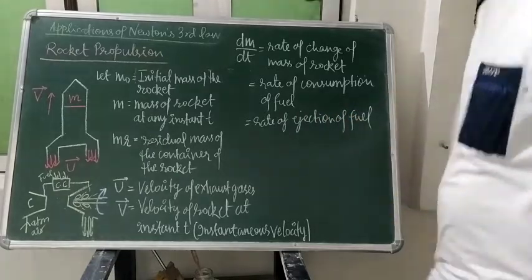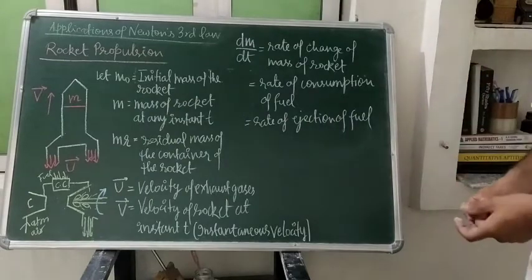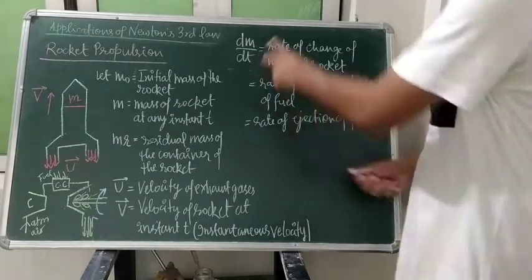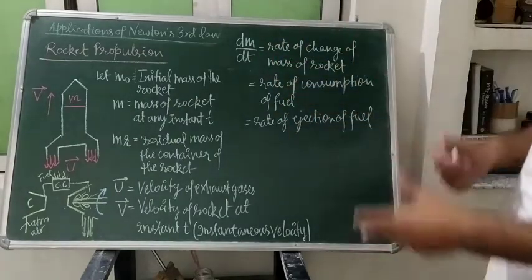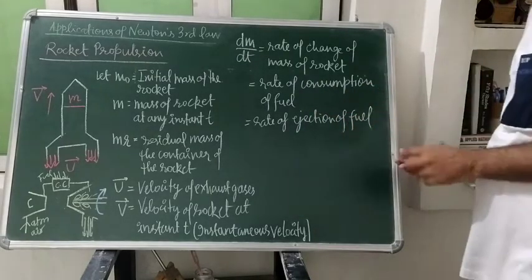Okay, so we are ejecting fuel in the combustion chamber. At what rate we are ejecting will depend upon the varying mass of the rocket, and according to that our mass will vary.